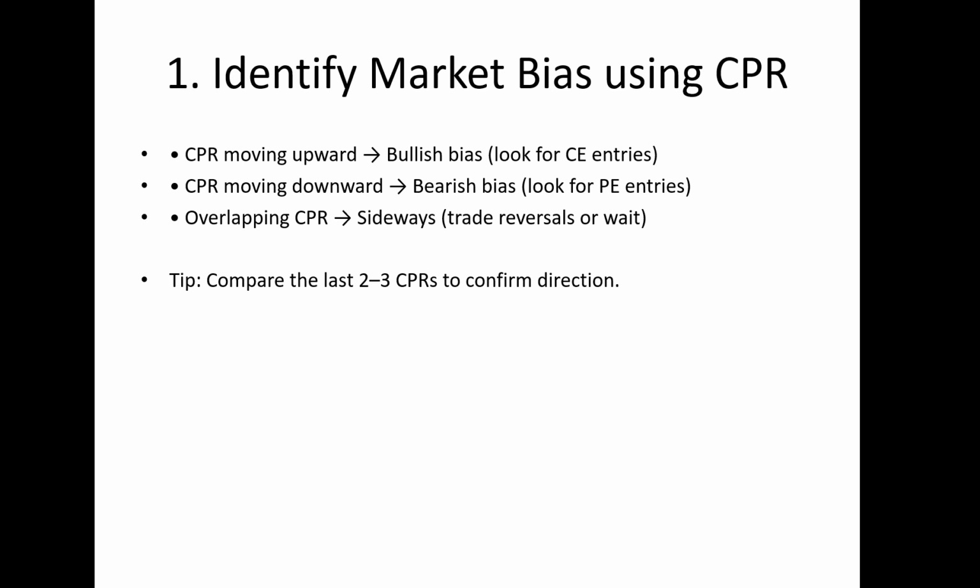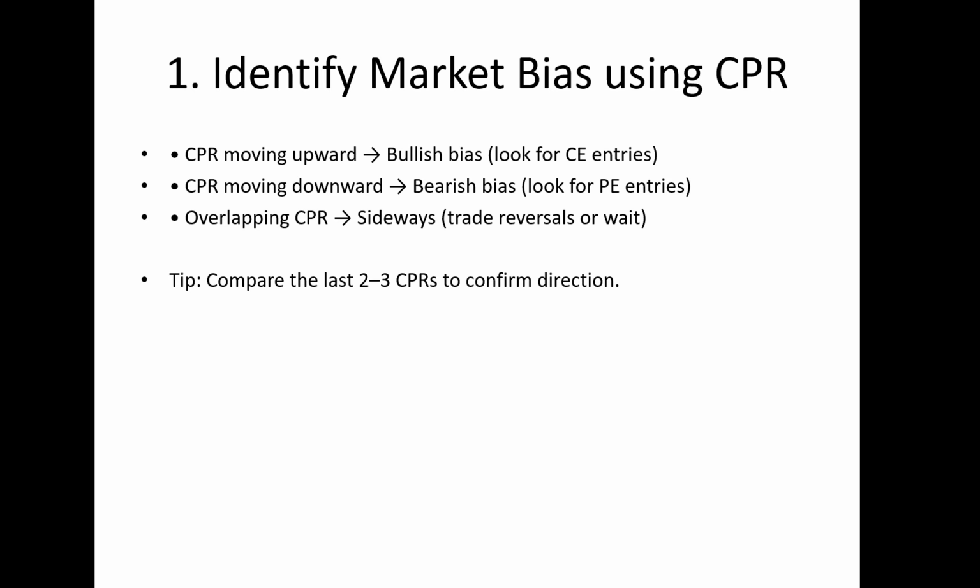Look for PE entries. At times, you will see overlapping CPR. Sideways or trade reversals are a wait. Compare the last 2 to 3 CPRs to confirm direction. You can use CPR to confirm the direction.